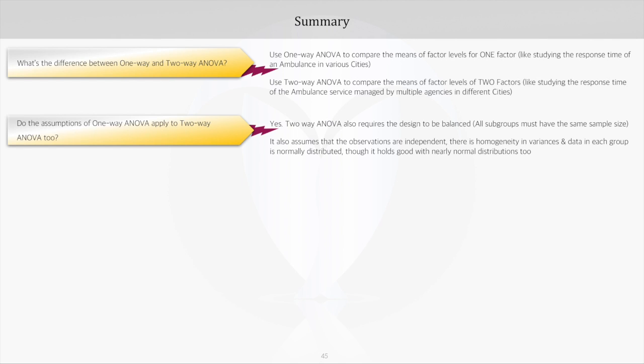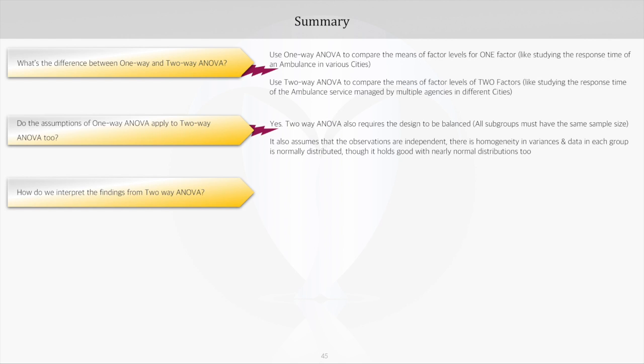It also assumes that the observations should be independent. There should be homogeneity in variances, and also in each subgroup the data should be normal. And as was the case in one-way ANOVA, here also it will hold good with nearly normal distributions.